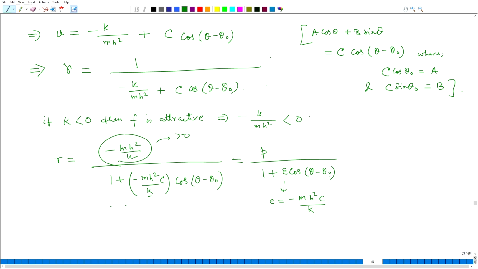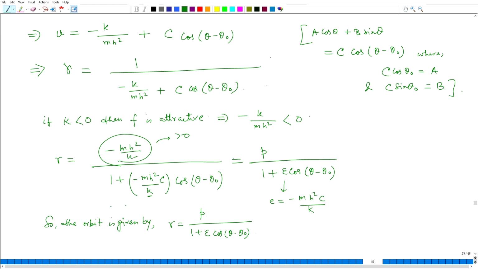If I write this, then this is actually the equation of the orbit, or the trajectory, of this particle. The orbit is given, in polar coordinates, by r is equal to some constant p by 1 plus epsilon cos theta minus theta 0.